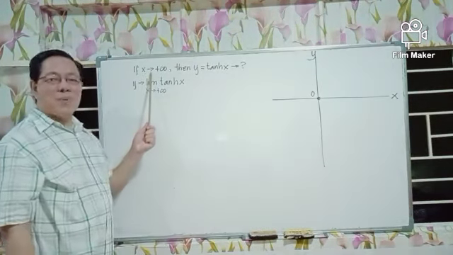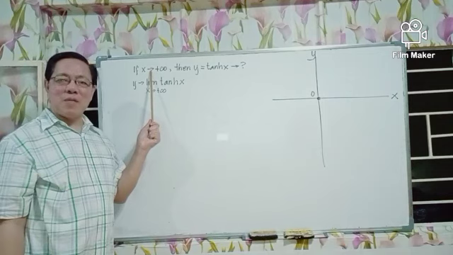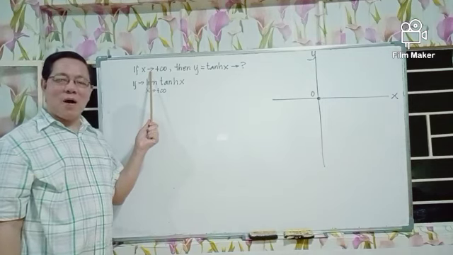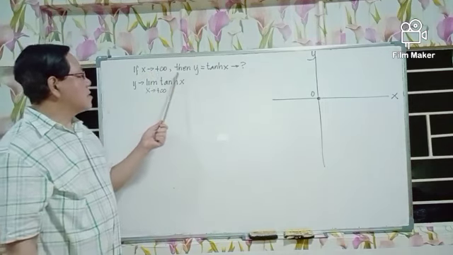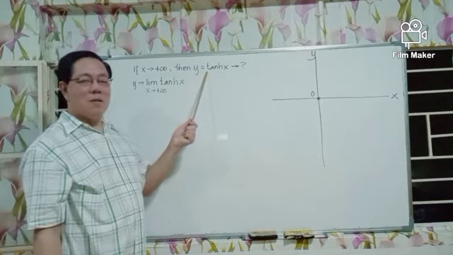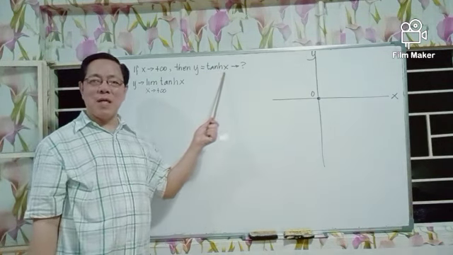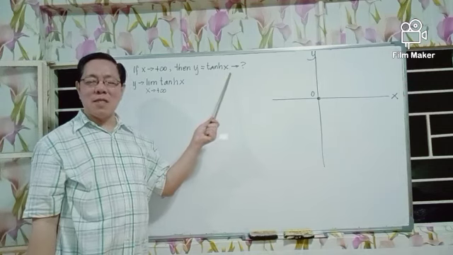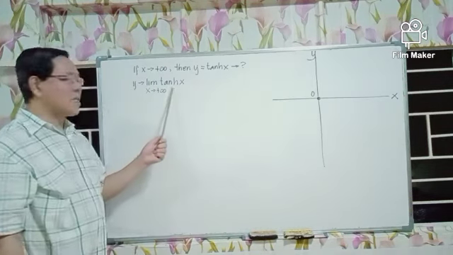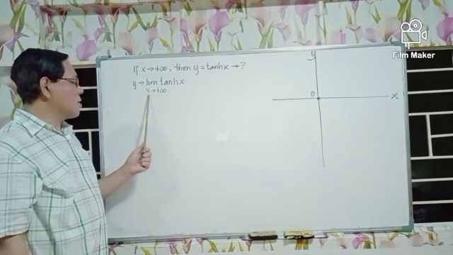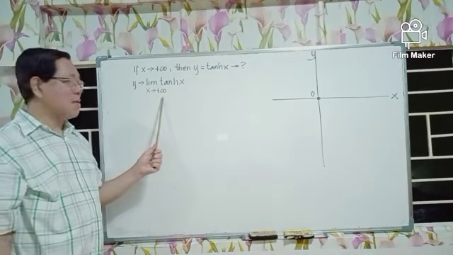If x approaches positive infinity, that means the values of x are increasing, then y defined as the hyperbolic tangent of x will approach what number? That number is the limit of the hyperbolic tangent of x as x approaches positive infinity.